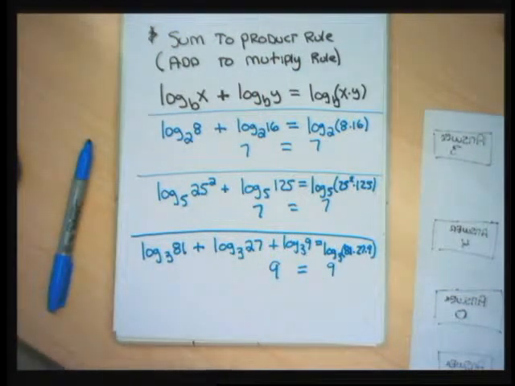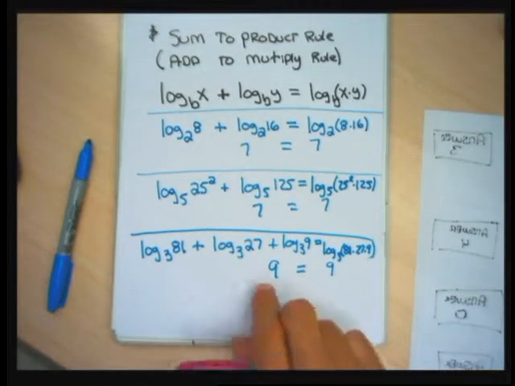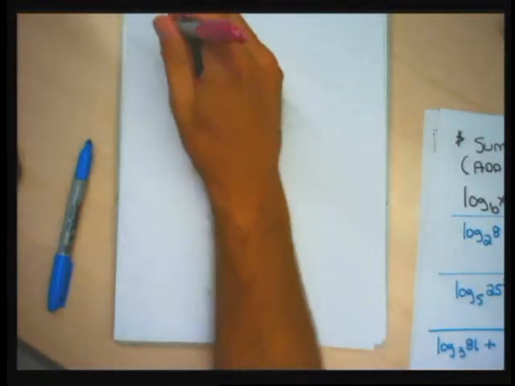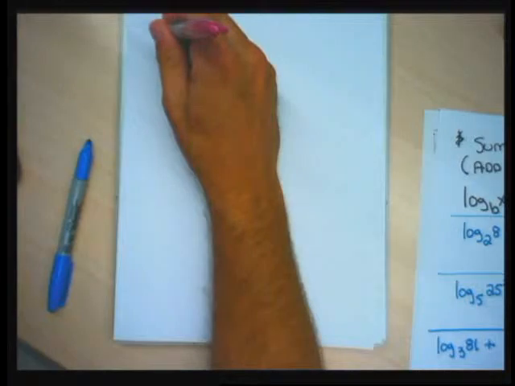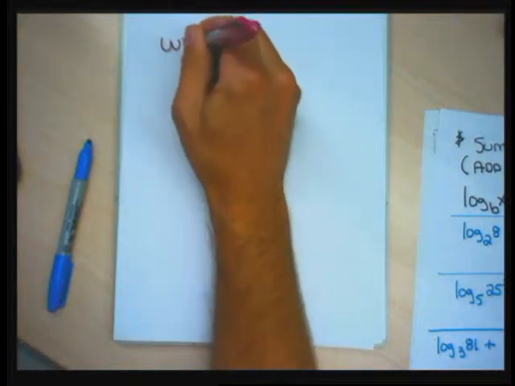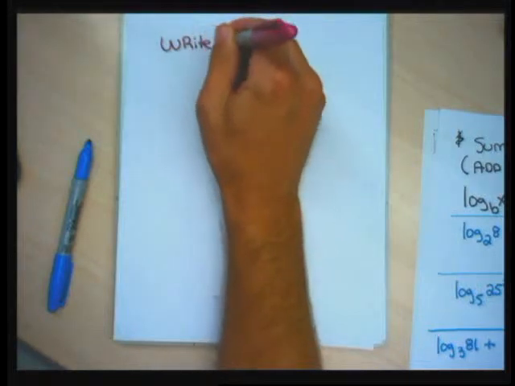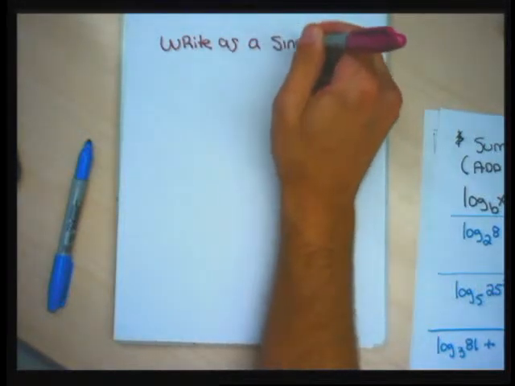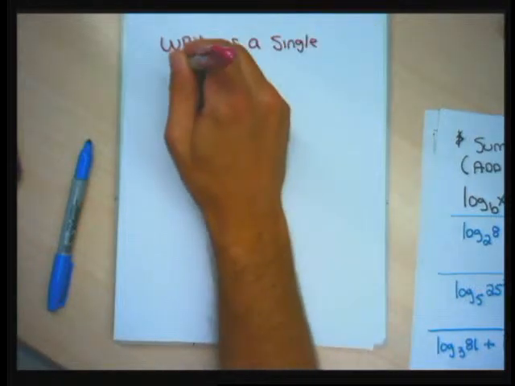When we get into the text or into the handout itself, the kinds of problems that are going to be using this rule in this direction would be like this. The instructions will say write as a single logarithm.